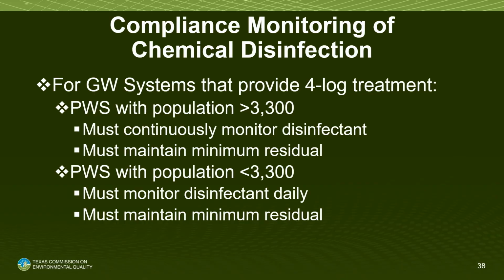And this is the threshold for the compliance monitoring. Basically, the cutoff is 3,300. So below 3,300 is just a daily grab sample. If you're above 3,300, it's going to be continuous monitoring.